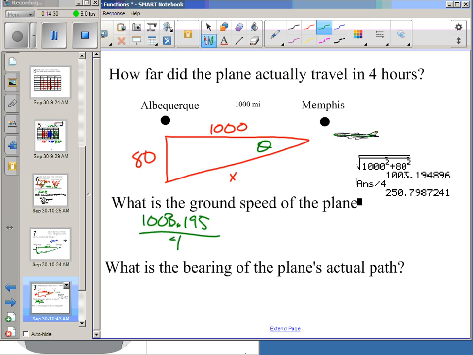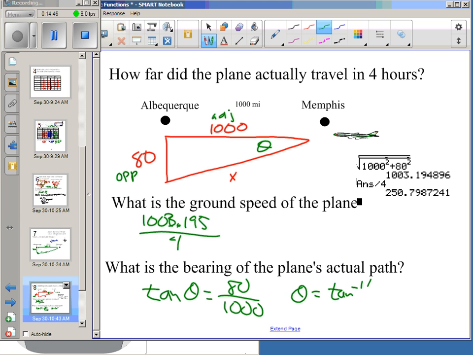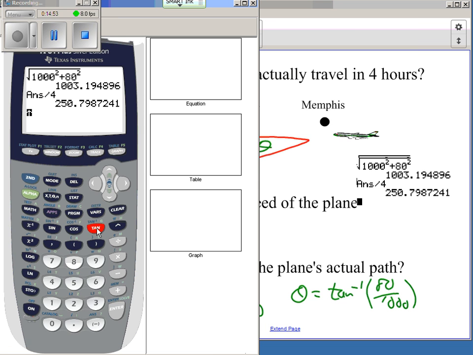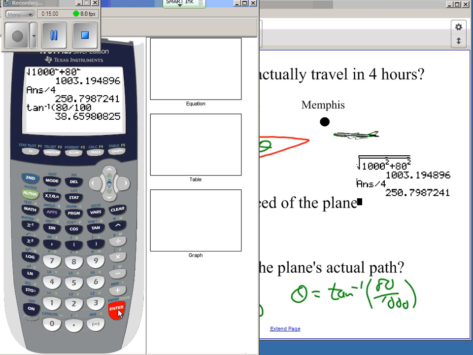Well, the bearing will be found by actually finding that angle first. And so I can think about, here's my opposite, here's my adjacent. Tangent of theta is 80 over 1,000. So theta is going to be tan inverse of that. Oops, that's over 100. Let's try that again.